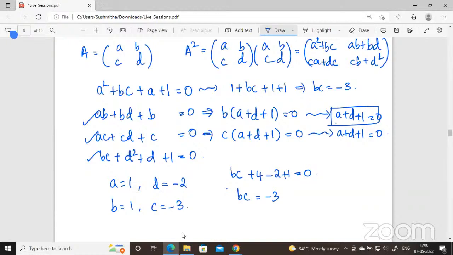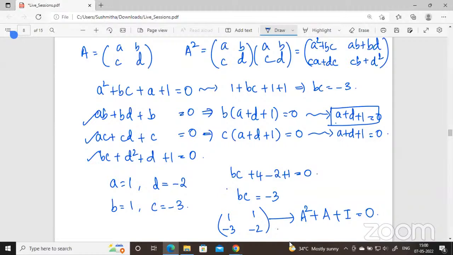For these values of a, b, c, d, the right hand side is 0, so the equations are satisfied. So if I take this matrix, with 2 and minus 3 on the diagonal, for this matrix A squared plus A plus I is equal to 0. This is not the only matrix, obviously.